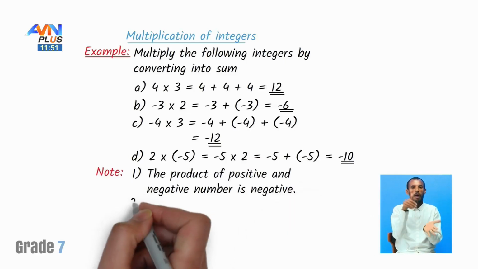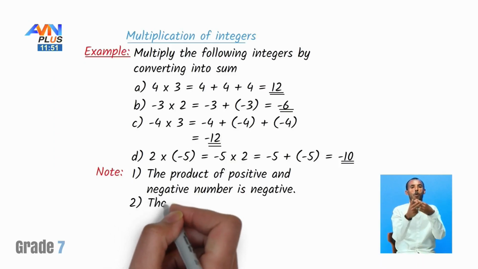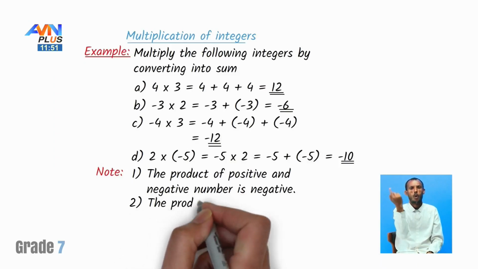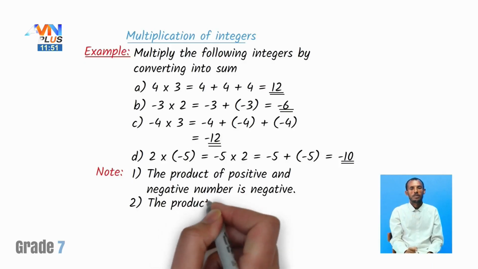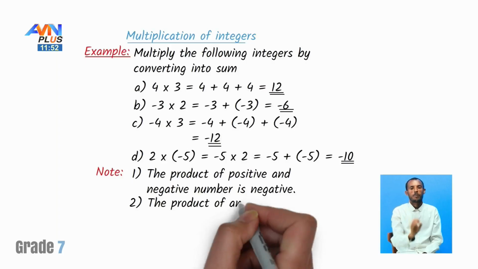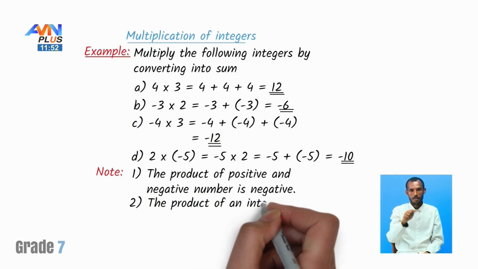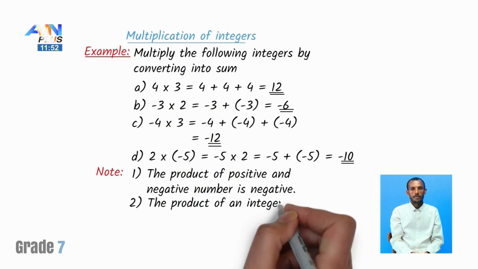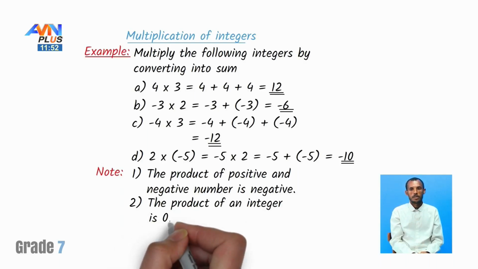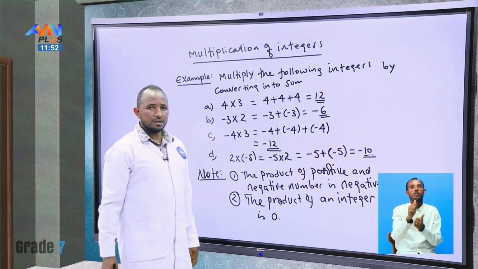Again, the product of an integer and 0 is always 0. Now, let's proceed to additional examples.